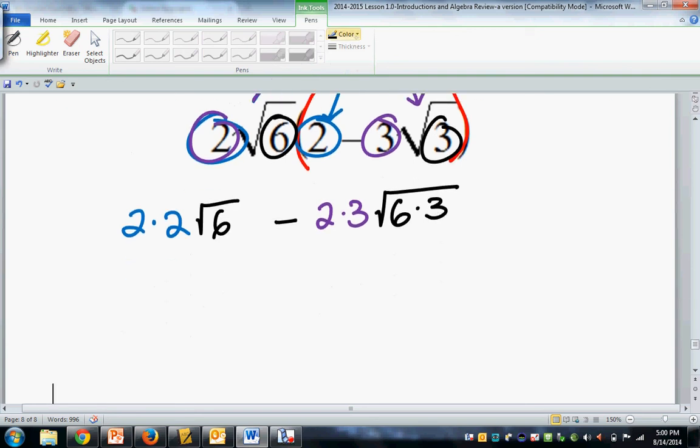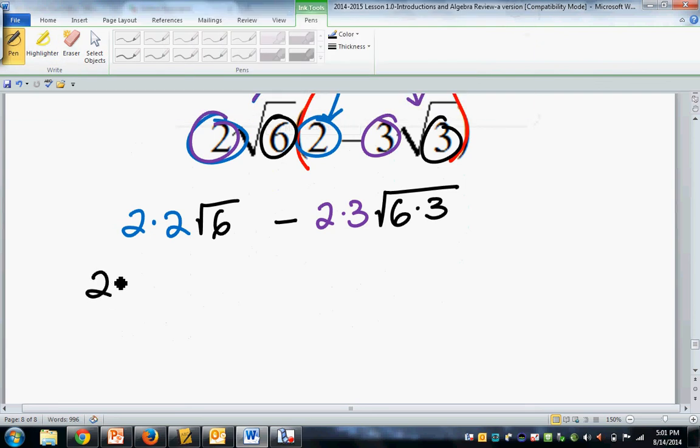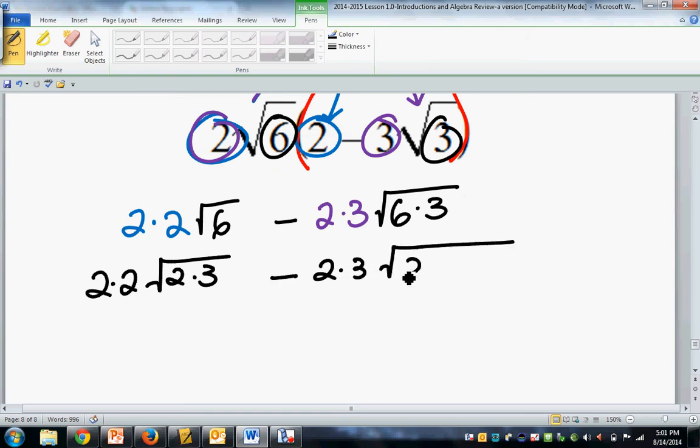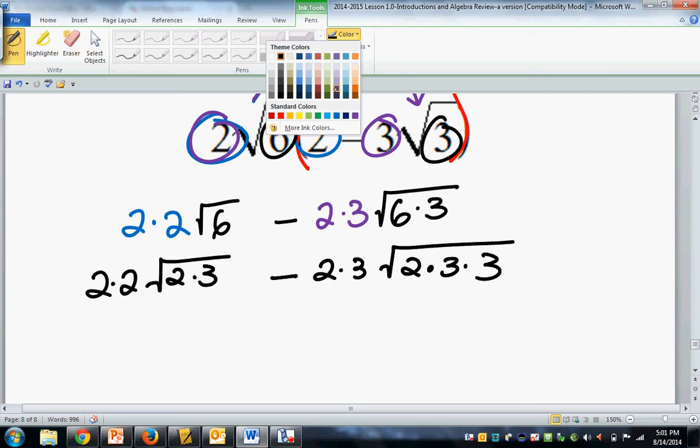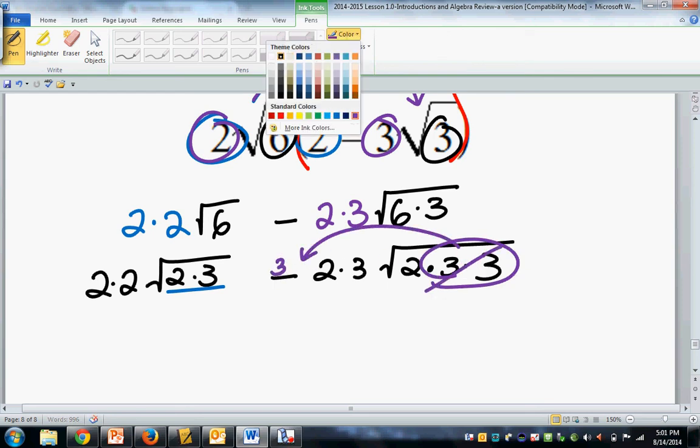Now, we want to prime factor everything out to simplify it. So our next line should read like this. 2 times 2 square root of 2 times 3 minus 2 times 3 square root of 2 times 3 times 3. We're looking to see if we can take anything out. There's no dates here, so nothing comes out. Over here, a pair of 3's comes out with 1 3.